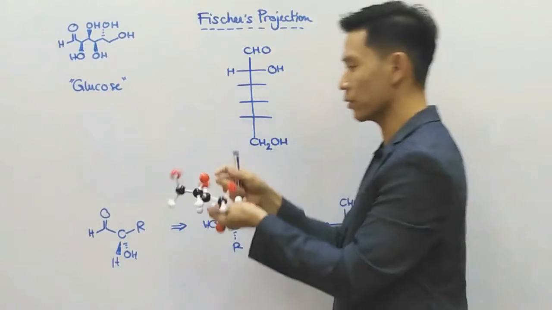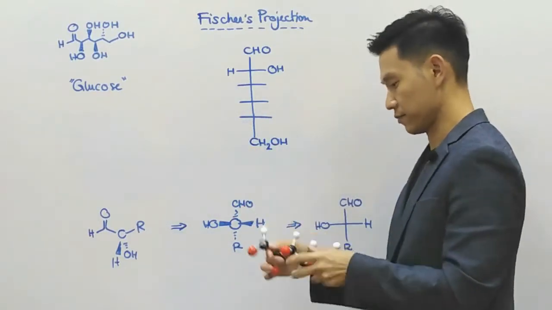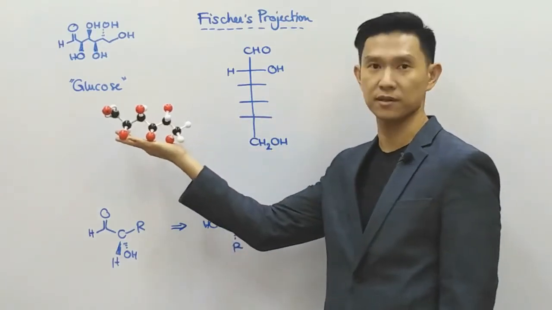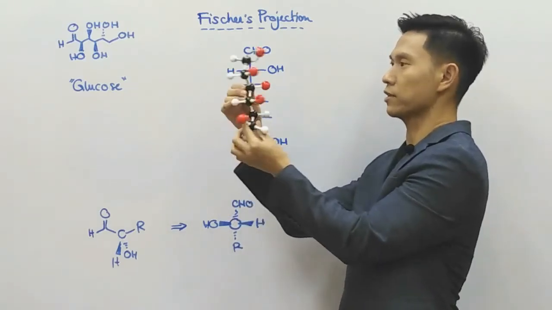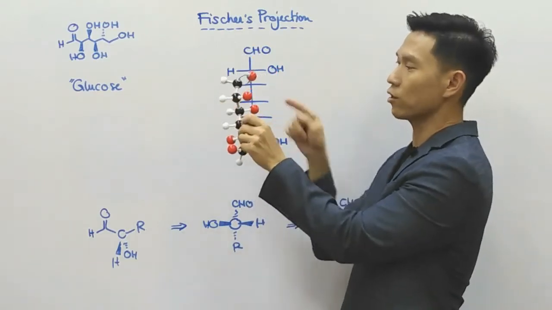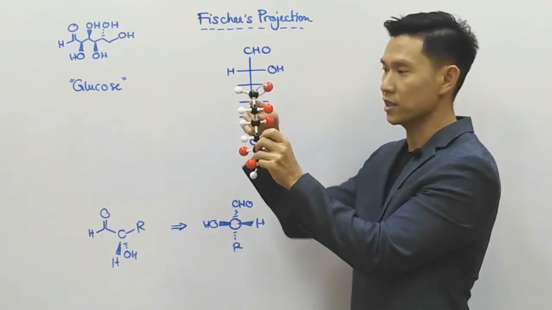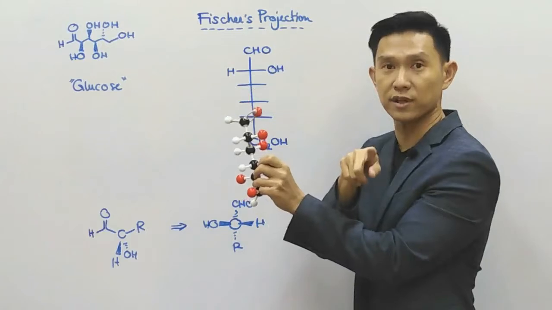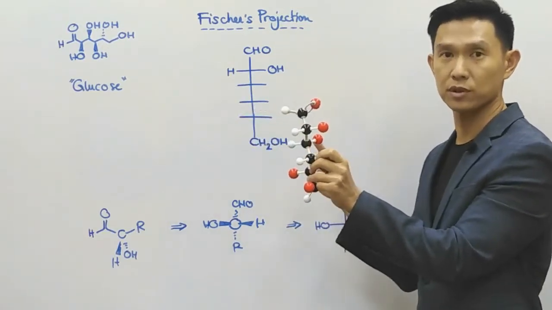Now go further downward to the third OH. Because when we start, we're starting from this zigzag structure, but now we put it upward. The third carbon is not OH on the right, because as you can see, the vertical line is pointing toward yourself and the horizontal line pointing outward, which is against the rules.